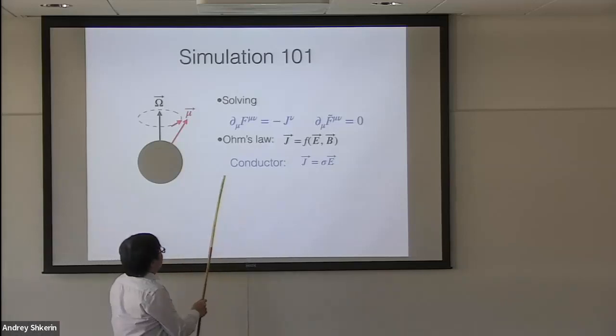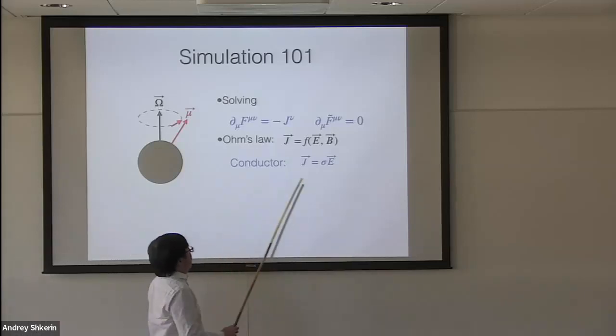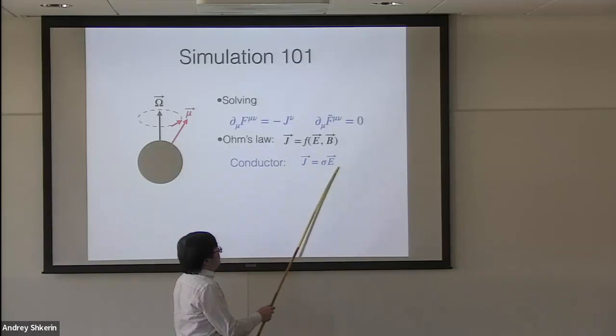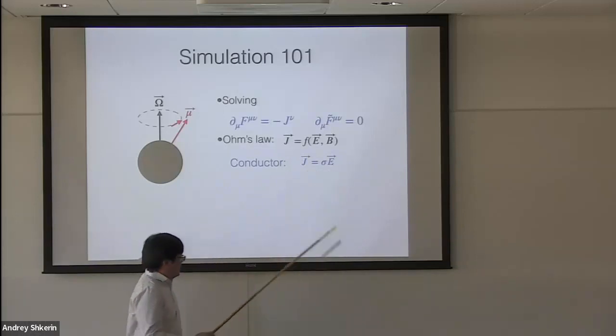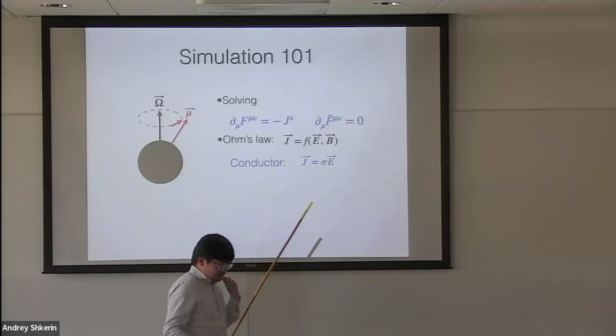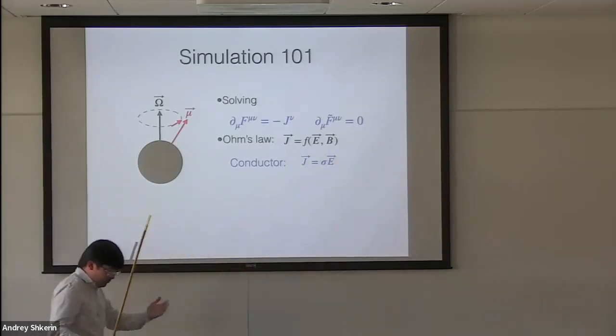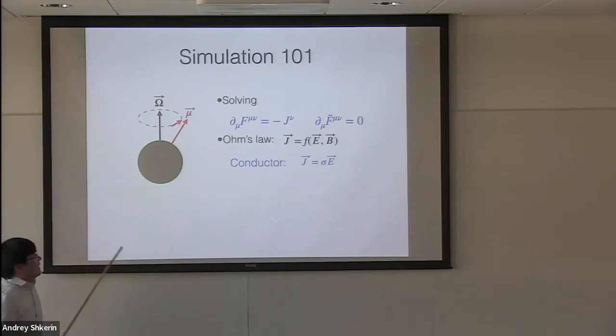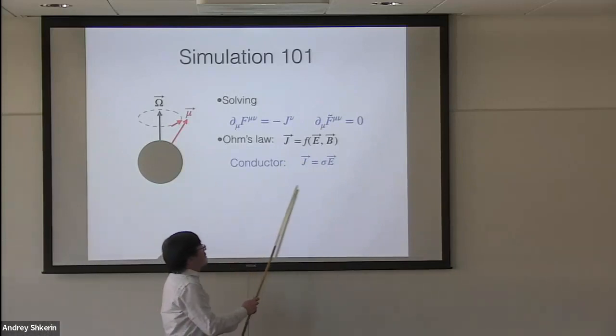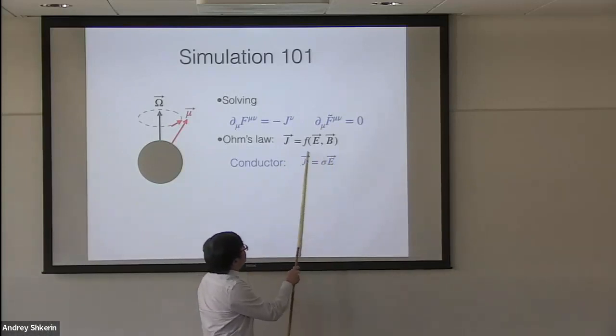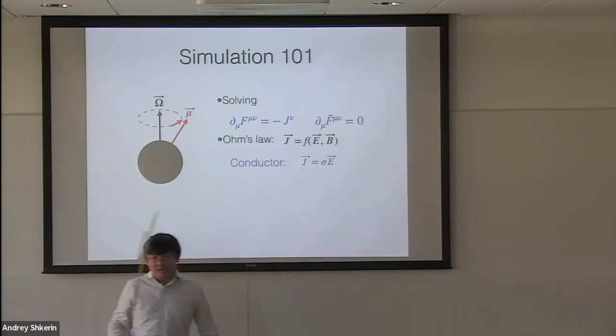For example, in the case of a conductor, Ohm's law is J equals sigma E, where it relates the current or the charge flow with the electric field acting on the conductor. This is the force pushing the charged particles, and this is the resulting current, and that is Ohm's relation.